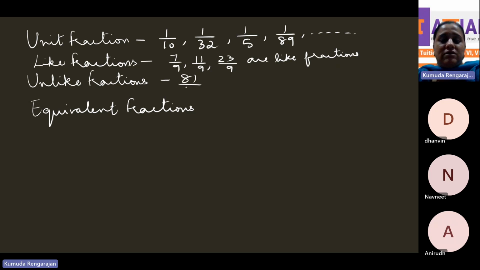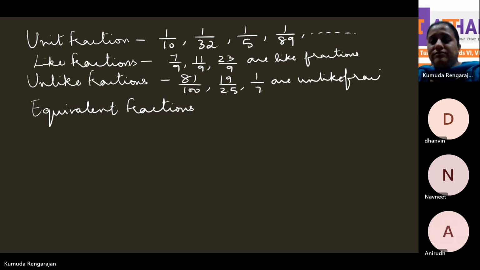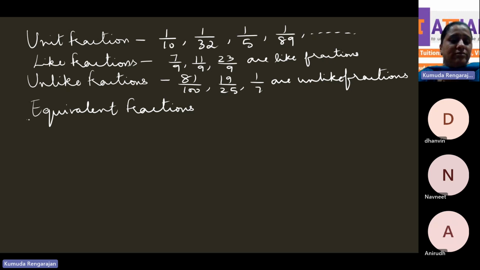Like 81 by 100, 19 by 25, 1 by 7 are unlike fractions because they don't have the same denominator. If two or more fractions have the same denominator, they are called like fractions. If they don't have the same denominator, they're called unlike fractions. Equivalent fractions, again, it's a different concept. We'll see this in the next class. Take a picture.